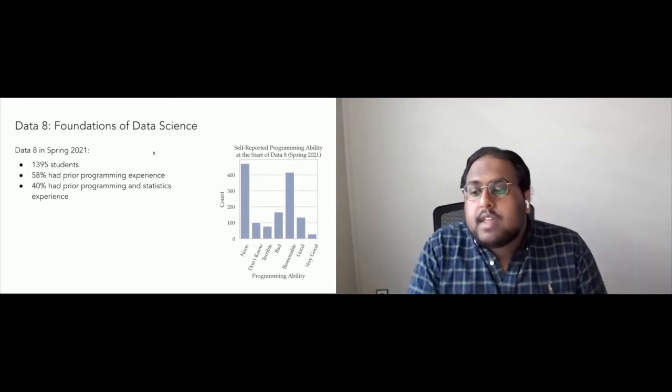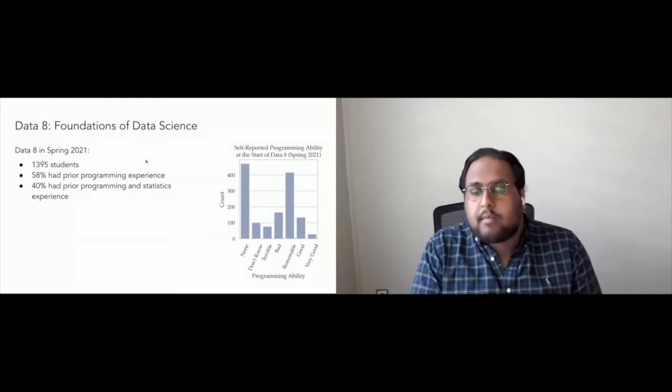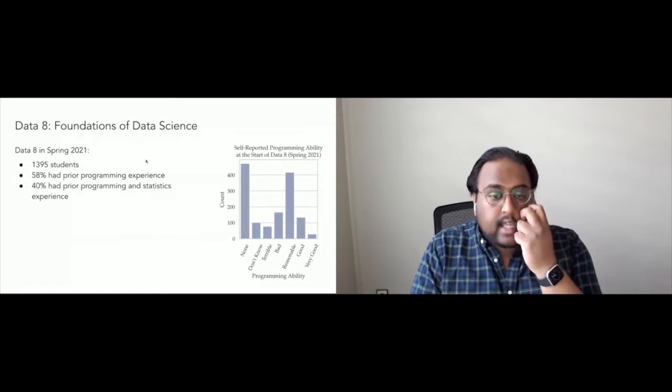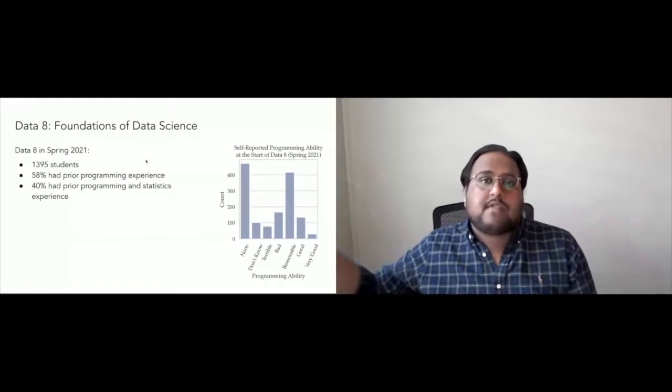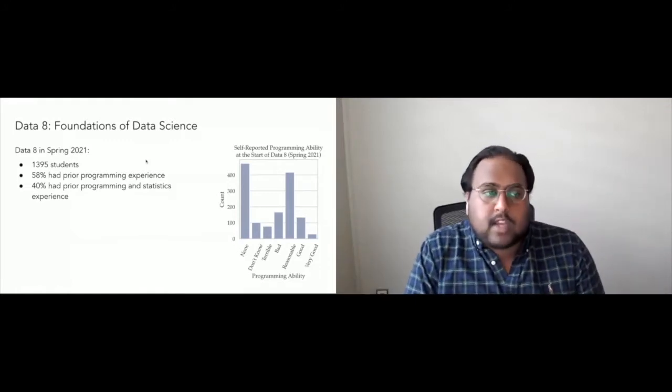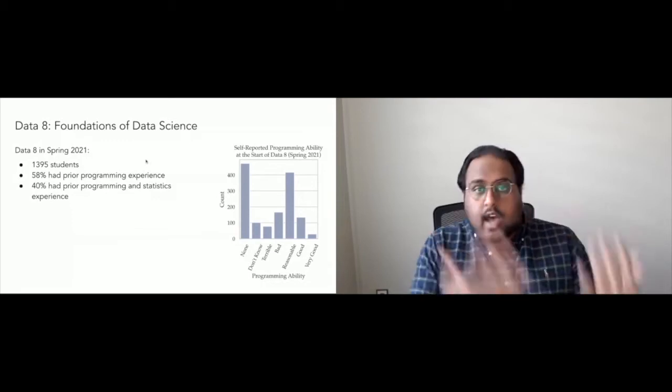But something that we noticed is that some students without prior programming experience are a little intimidated from taking Data 8 because it's just massive, and half the people in the course do have prior programming experience, and so there tend to be feelings of imposter syndrome and not belonging.